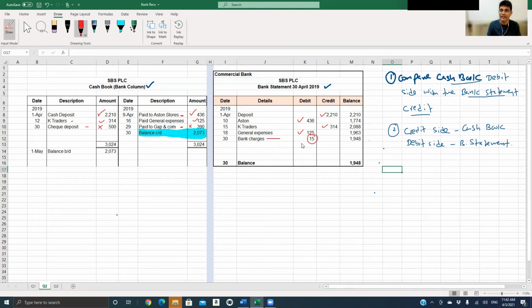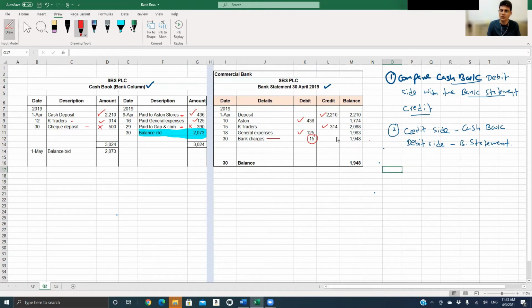Because a bank is providing a service to us, right? They are keeping our money and maintaining our money, and they are doing a service to us. As a result of that, they charge a fee. So this bank charge, has it been recorded in the cash book?